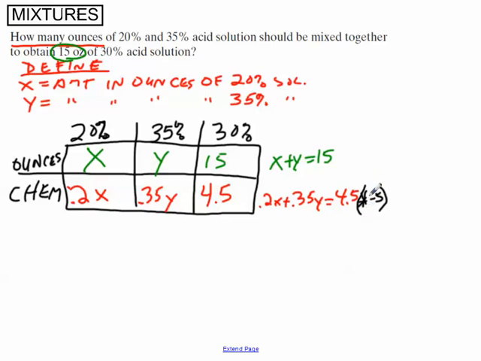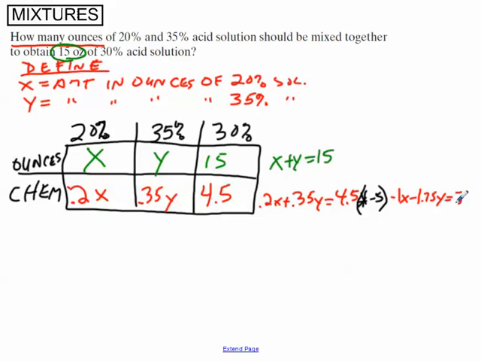If we multiply by negative 5, 0.2 times negative 5 gives me negative 1x. 0.35 times negative 5 is, let's see, I've got to pull out the calculator for that one. Negative 1.75y equals 4.5 times negative 5, which gives me negative 22.5, I believe.